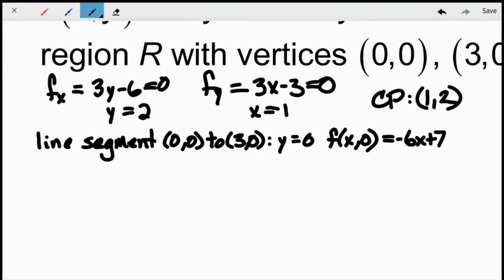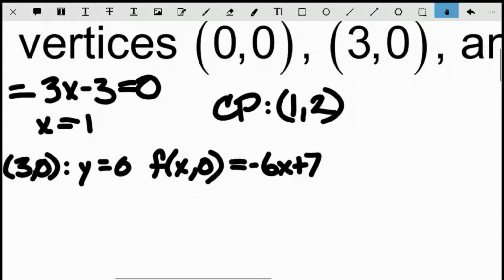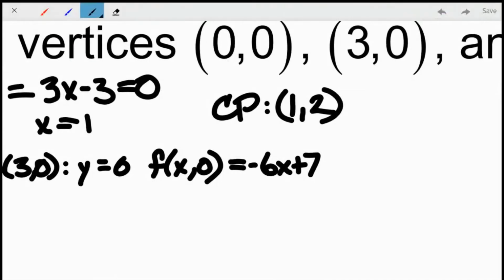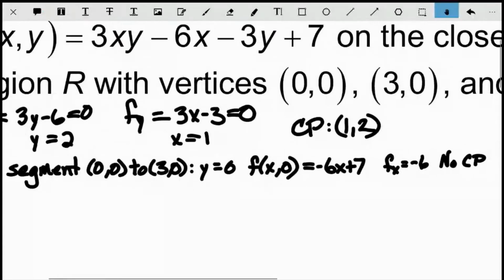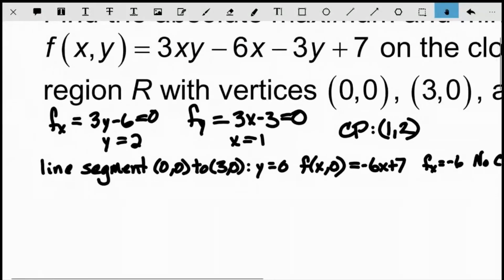Okay, so do I have a critical point in my function along that boundary? Well, the way I would determine that is I only have one variable here. So notice if I take the derivative, I get negative 6. That's never going to be 0. There's no critical point on that boundary. So we can't have a max or a min on that boundary line.